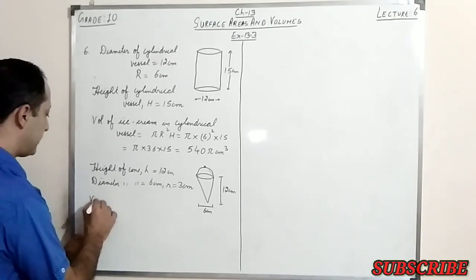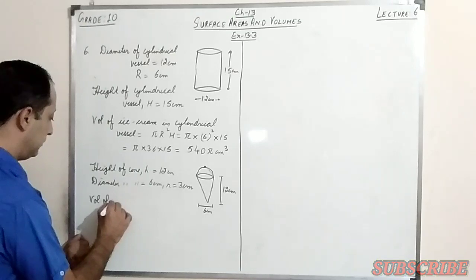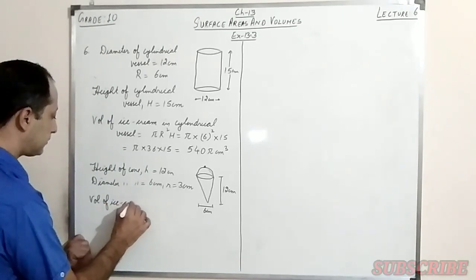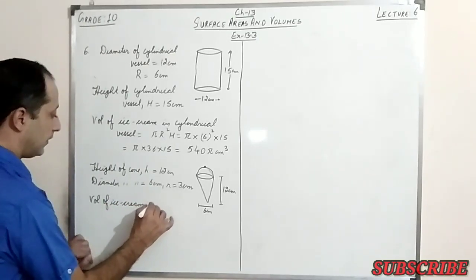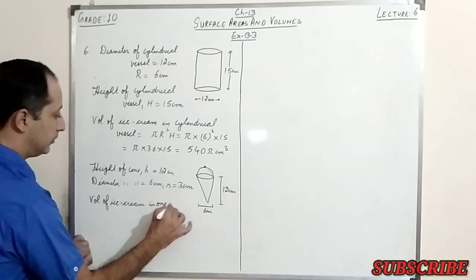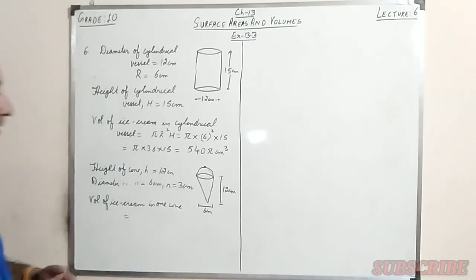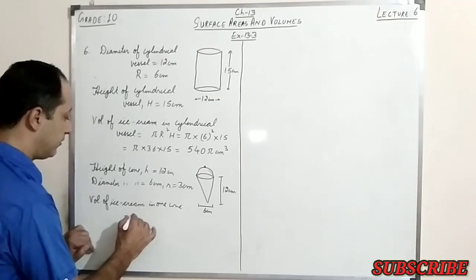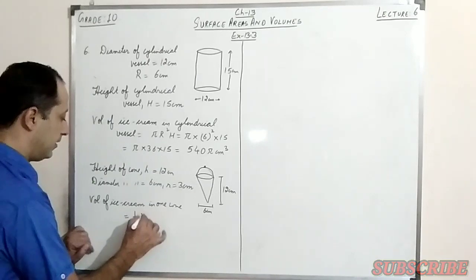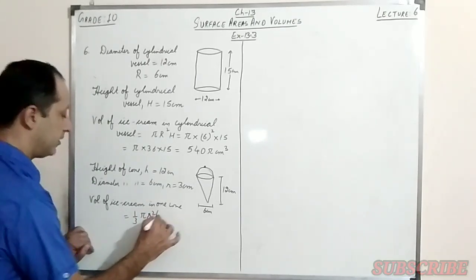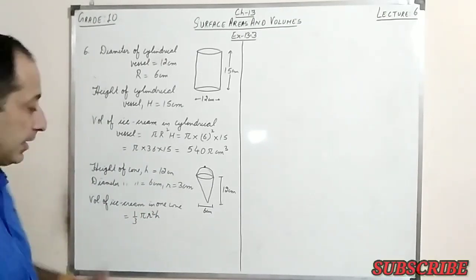Now we find the volume of ice cream inside one cone first. Since this is a cone, we have the formula 1 by 3 pi r square h. But this is not the complete thing.